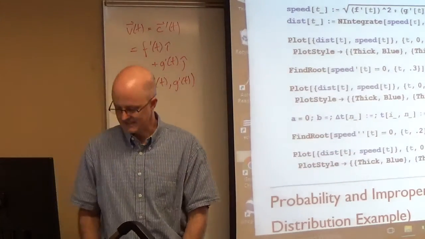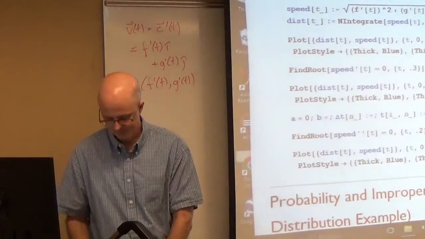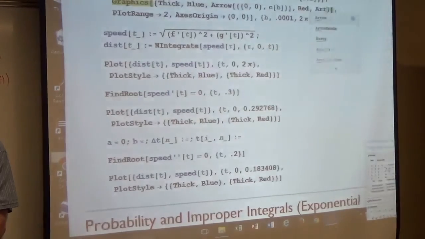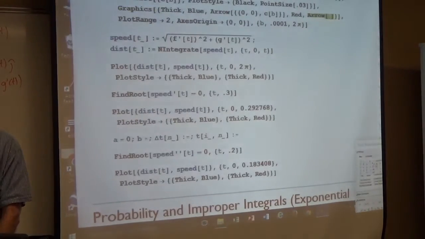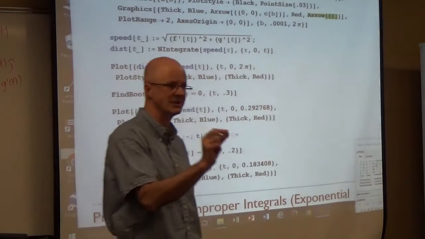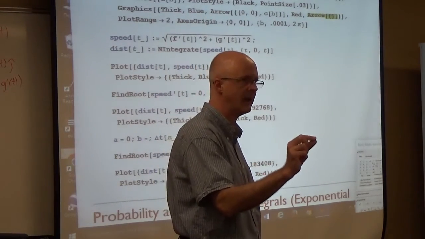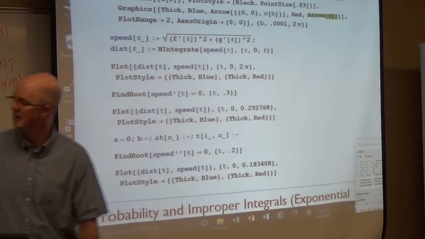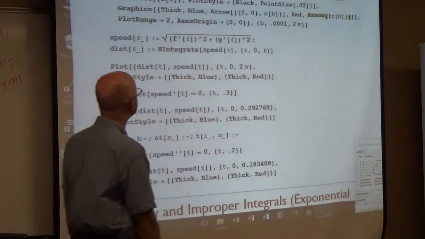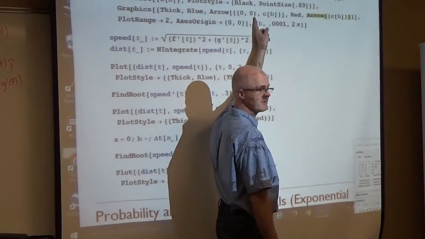I'll make my velocity vector red here. So I'm going to add in another arrow command. This is a bit tricky here. Since I want my velocity vector to start at the location of the object as it moves, I'm going to put a c of b in here right away instead of a 0, 0 like I did with the position vector.